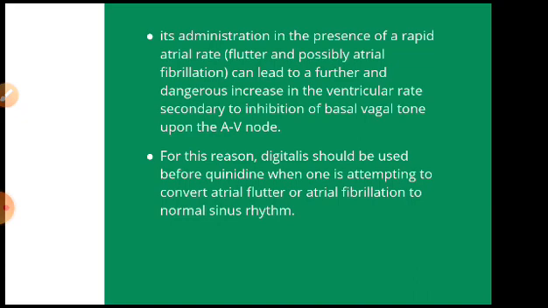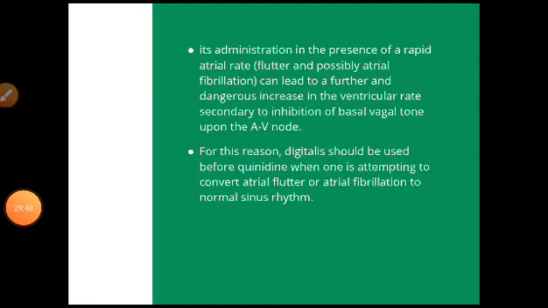When flutter and possibly atrial fibrillation is present and quinidine is given at that time, because of the change in vagal tone, it may dangerously increase the ventricular rate. For this reason, digitalis should be used before quinidine when one is attempting to convert atrial flutter or atrial fibrillation to normal sinus rhythm.